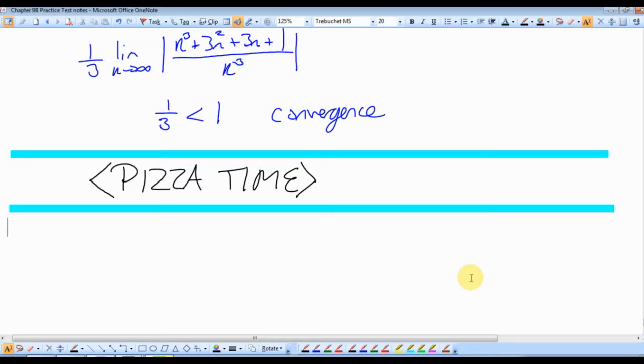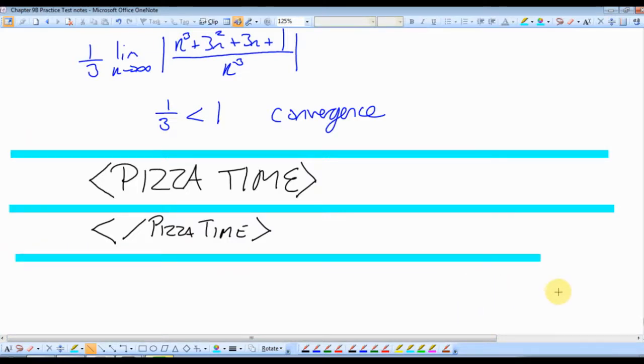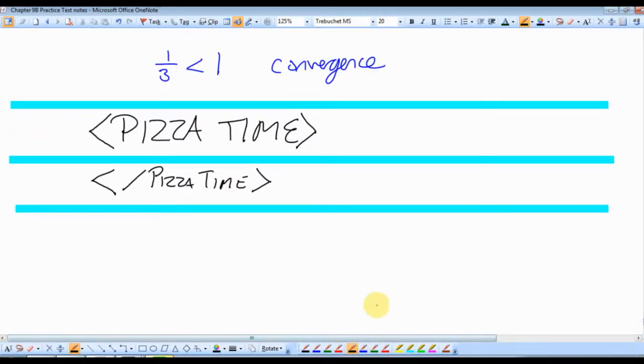Okay, everyone, we're going to get started again. Okay, so for question 6, we're supposed to use a limit comparison test, which means we need to compare it to a series which is similar, hopefully a p-series.